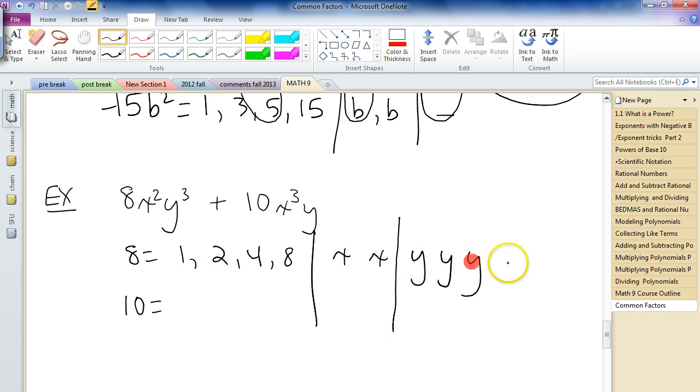So like terms are in the same grouping, and unlike terms are in separate little groupings. So 10 is made up of 1, 2, 5, and 10. It's ugly looking, but it's 10, trust me. How many x's? We got 3. 1, 2, 3. How many y's? We got 1. Alright, what do we got in common?